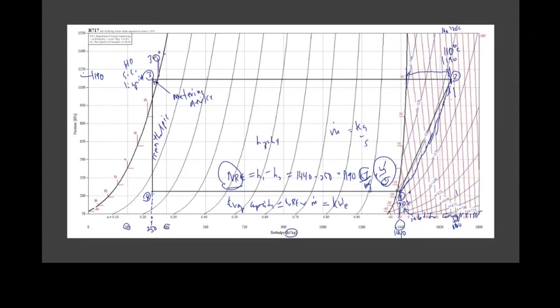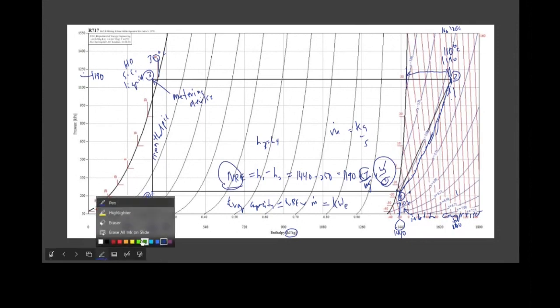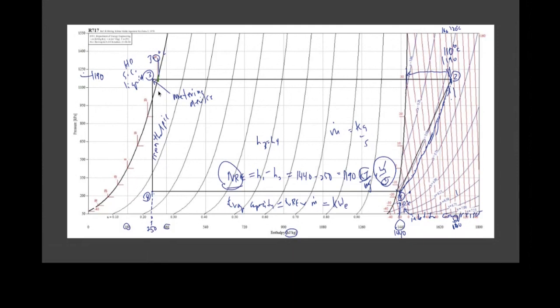So let's see what would happen if we did not subcool. I'm going to use a different color here. If we didn't subcool, let's say we end up with saturated liquid entering the evaporator. Well, it's got more energy when it enters. Let's say this one here is, I don't know, 280 kilojoules per kilogram.